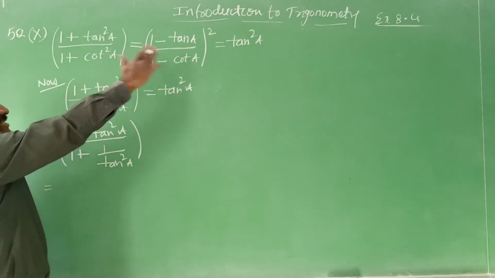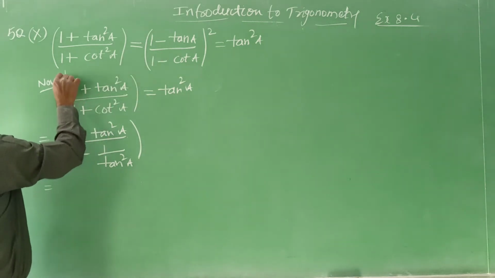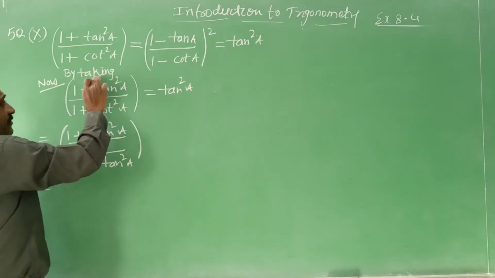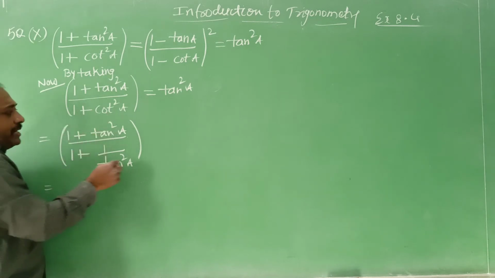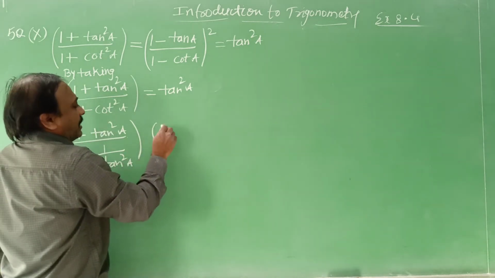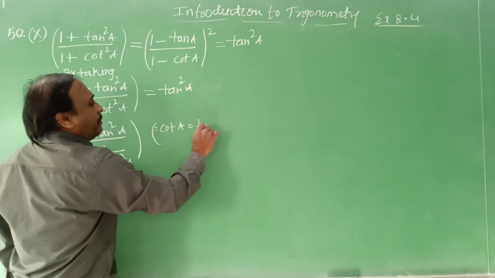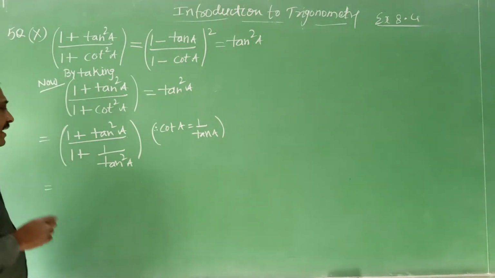So LHS is equal to, first taking this, cot A is equal to 1 by tan A. Cot A is equal to 1 by tan A.